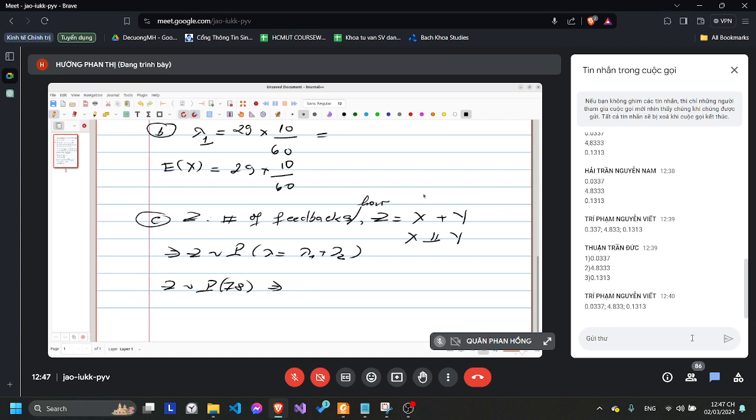Now, it said that we only consider 7 minutes. So we have the new lambda equal to 78 multiplied by 7 over 60.